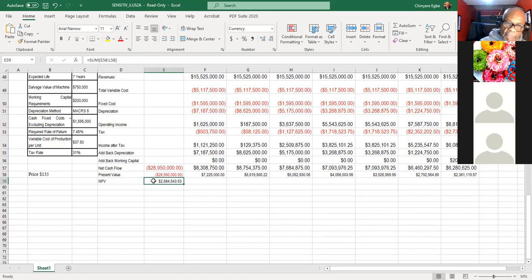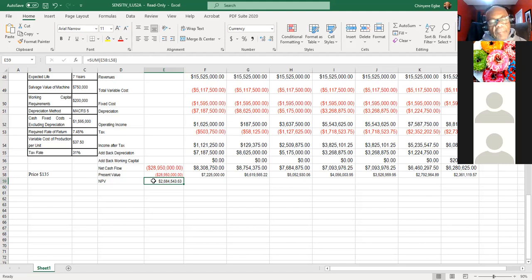Well, what if price changes and your forecast for quantity is the same? If your price decreases, but the quantity of output is the same, that is going to reduce your NPV. What if the unit variable cost increases? That will decrease your NPV. What if unit variable cost decreases?